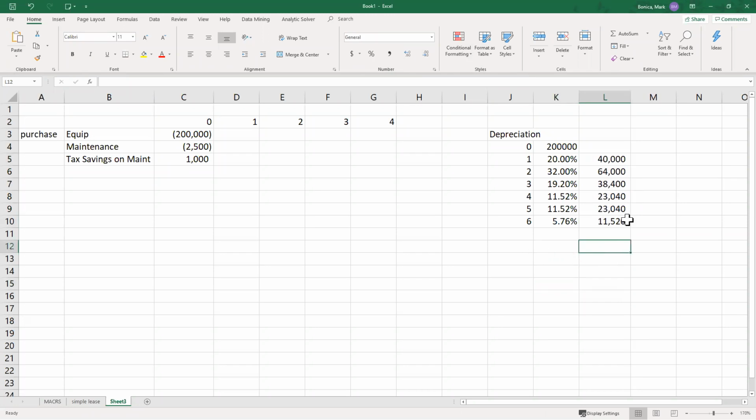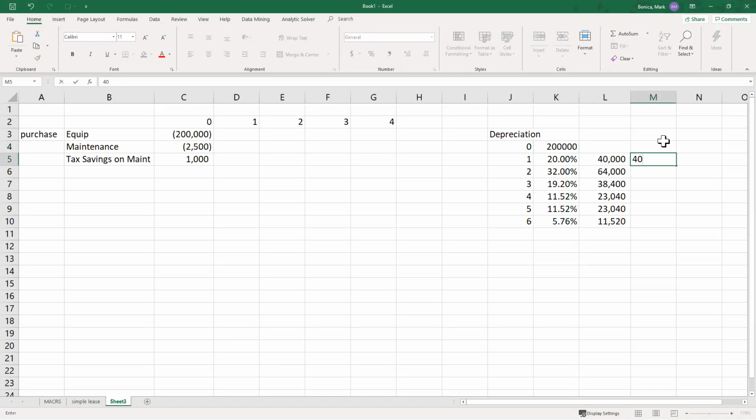So using MACRS, which stands for modified accelerated cost recovery system, basically what it does is it allows you to take depreciation earlier than a straight line would allow. If this was 5-year equipment, you'd be able to take $40,000 per year.